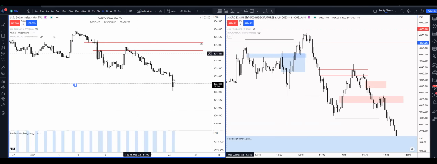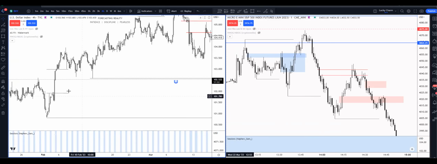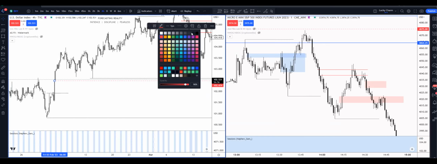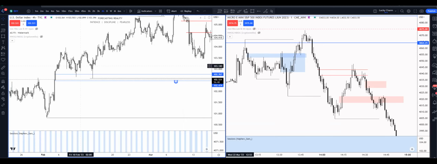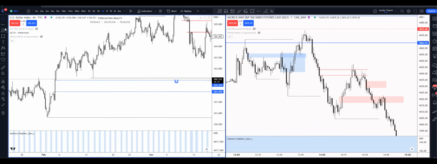Let me mark up. I was paying attention to the 4-hour BISI resting here. And I was also paying attention to the CE of this BISI as well, which we perfectly hit.